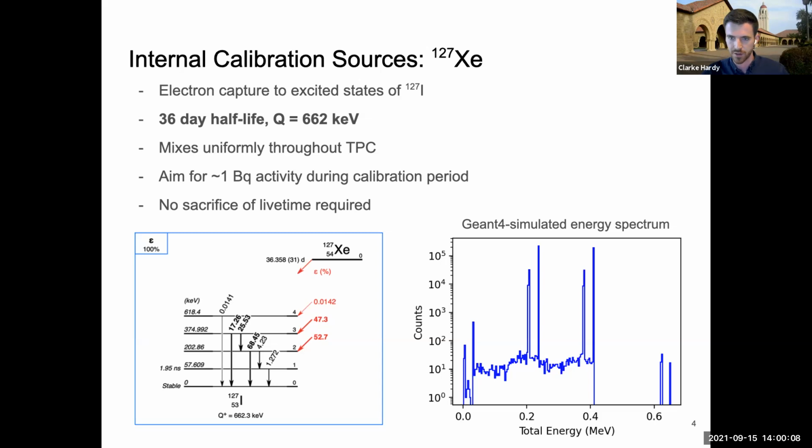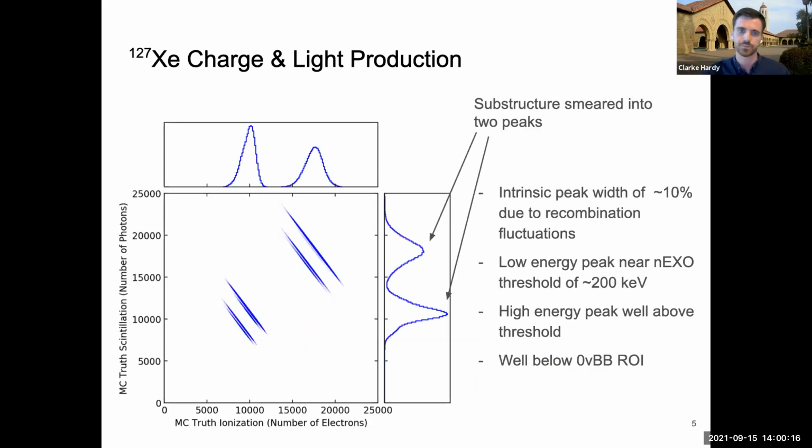If you look at the plot on the right here, you can see the energy spectrum with basically 2 clusters of events around 200 and 400 keV. What that translates into in charge and light production is basically these 2 peaks with some of that substructure smeared out, partly due to very close lines getting smeared together, but also due to intrinsic peak width from the recombination fluctuations.